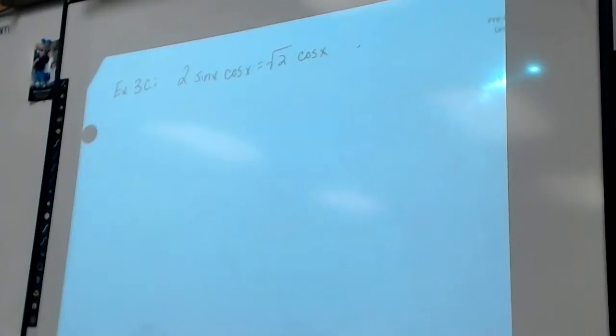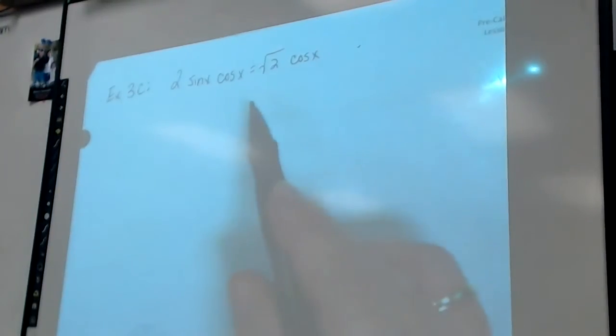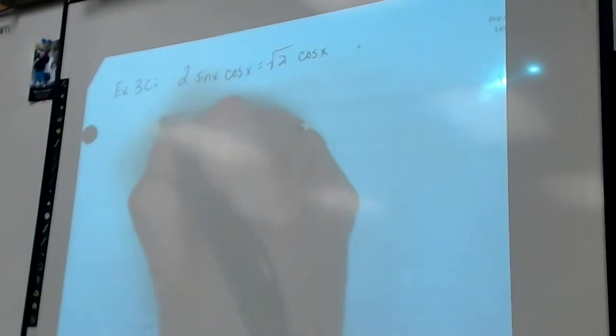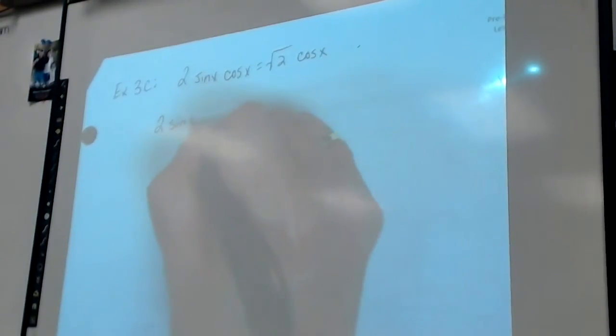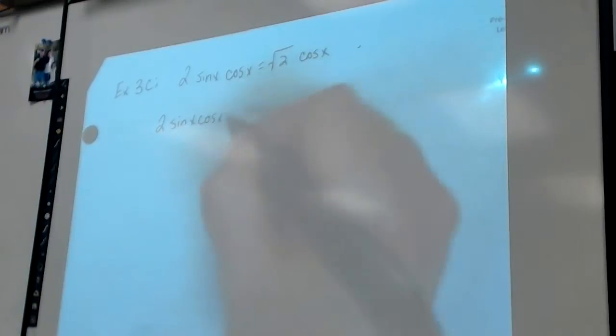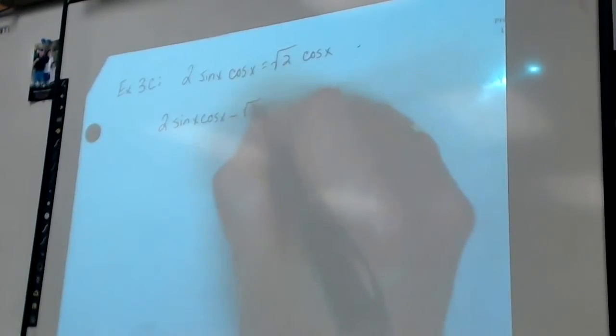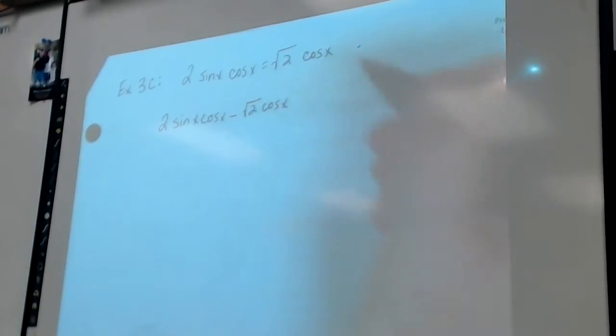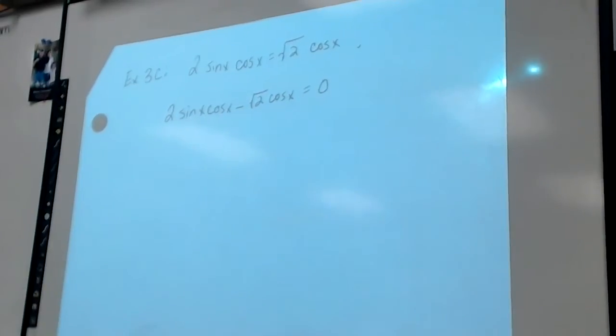So let's go ahead and set it equal to 0 by subtracting square root of 2 cosine x from both sides. So we have 2 sine x cosine x minus the square root of 2 cosine x equals 0.